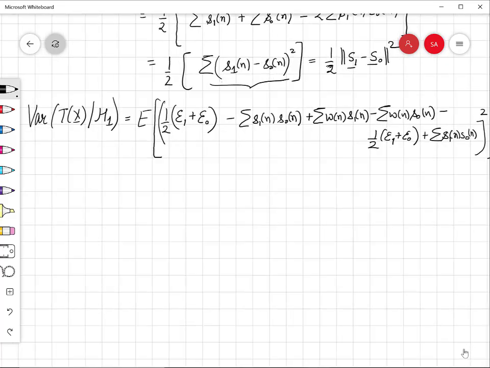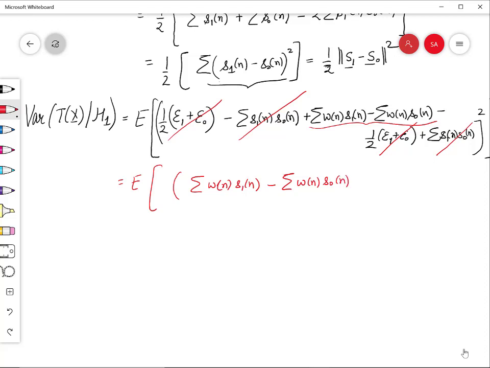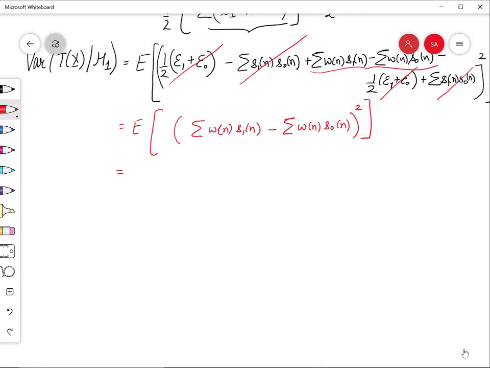You can verify it. So let's solve this. This cancels out, this also cancels out, and what we are left with is these two quantities here. So this is equal to the expectation of summation Wn S1n minus summation Wn S0 of n whole square. All right, and then let's open the brackets and solve it. I'm not going to solve it again, but I'm going to directly write it.